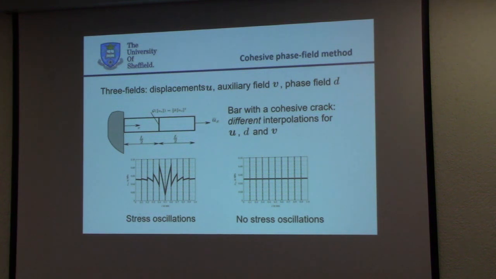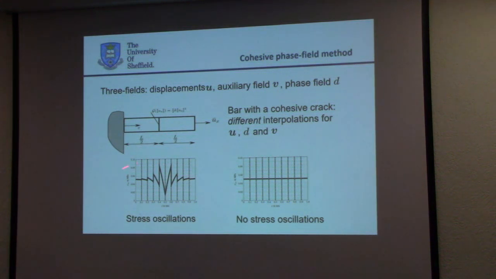And you have to do that smartly. Because the displacements, as I said yesterday, when you differentiate displacements, you get strains. And strains are the same order as the damage parameter or the phase field. So you must interpolate them higher than the phase field.